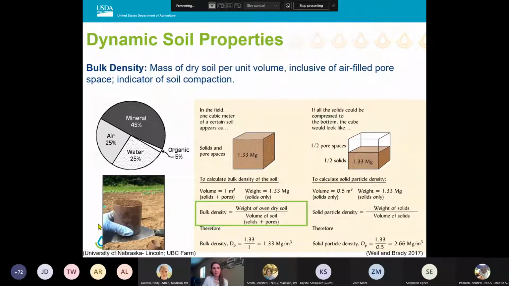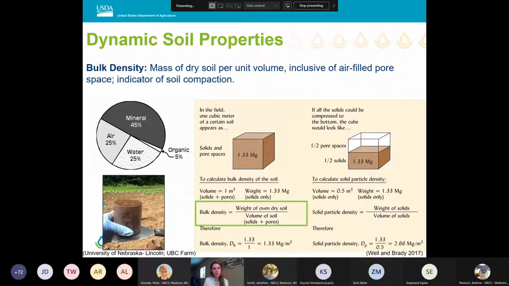All right, so bulk density. We typically talk about bulk density as a measure of soil compaction. This can be both inherent and dynamic, more dynamic on the surface of the soil, those upper horizons versus the lower horizons.